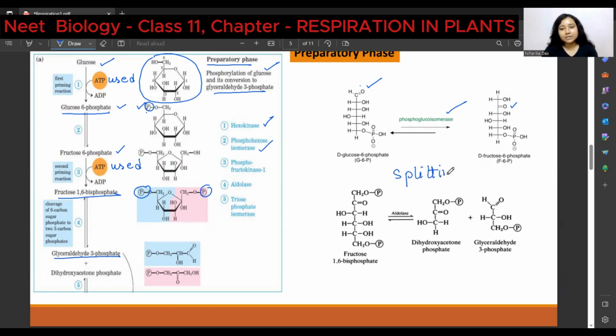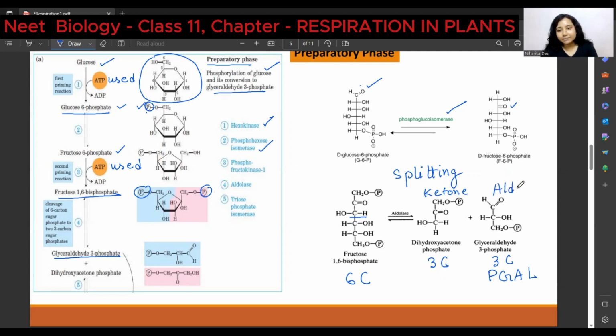In the splitting, this 6-carbon fructose 1,6-bisphosphate is going to split between carbon 3 and carbon 4, and it is going to form a 3-carbon ketone. This is a ketone. And there is again a 3-carbon glyceraldehyde 3-phosphate, which we also call PGAL, phosphoglyceraldehyde.